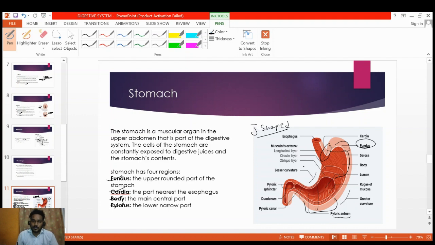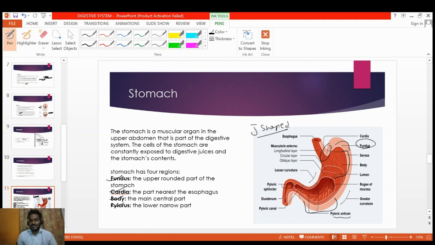What we can observe, students, is that the cells of the stomach are constantly exposed to the digestive juices. As food enters the stomach, there are infoldings present in the wall of the stomach, known as rugae, and these rugae are responsible for increasing the surface area of the stomach.